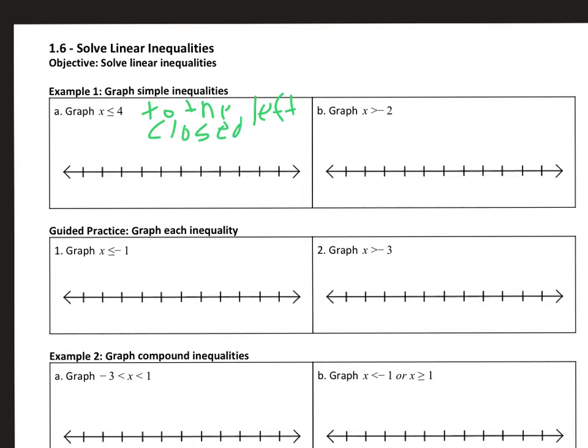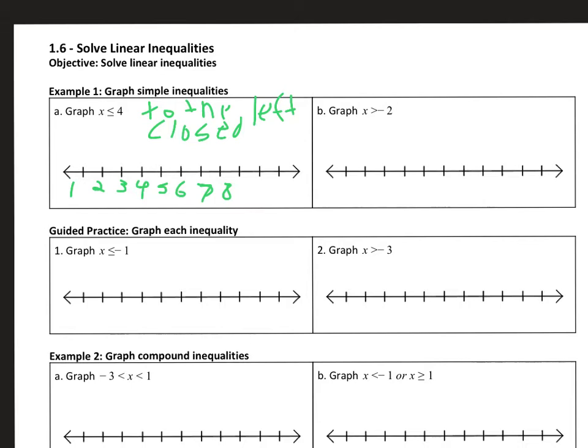And numbering these, I left them blank. I want you guys to be able to pick the numbers. If you don't want to number the whole thing, I'm really okay with that, as long as you have some numbers less than 4 and some numbers greater than 4. So I'm going to number this 1, 2, 3, 4, 5, 6, 7, 8. You get the picture, okay? So it's okay if you don't number the whole thing.